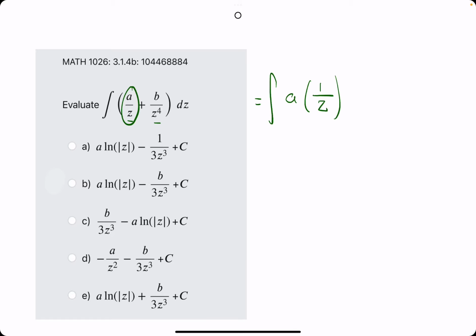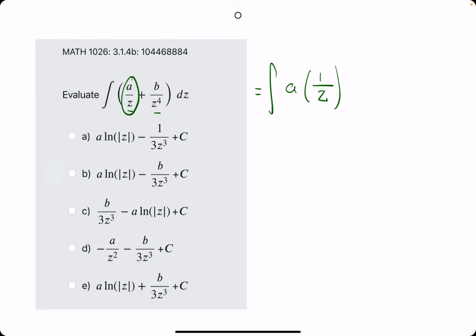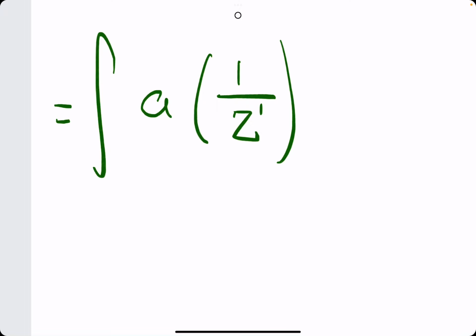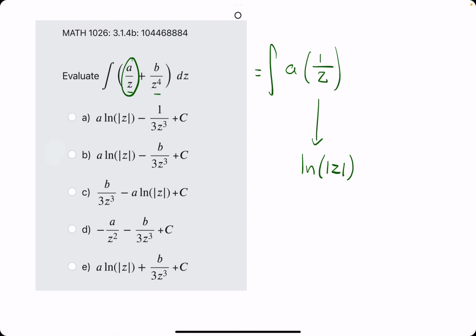We've talked about before, when we have just 1 over z or 1 over x or 1 over t, where on the bottom it's literally just that variable raised to the first power, there's no other exponent, 1 over the variable will always have an antiderivative of the natural log of that variable, specifically the absolute value of that variable.